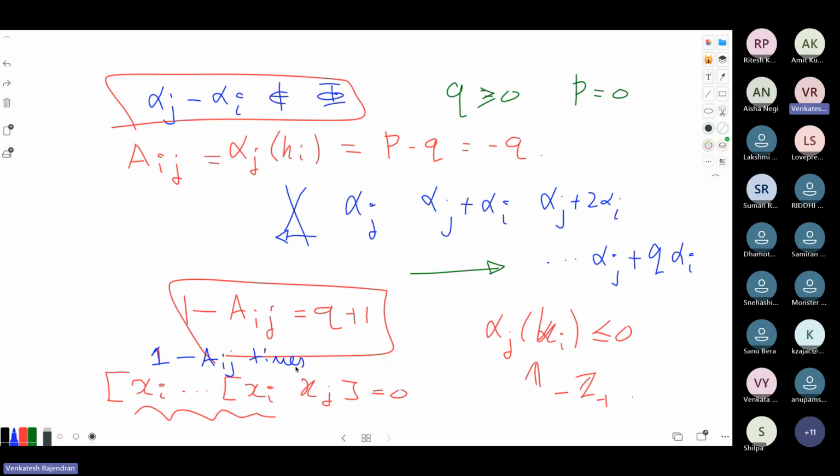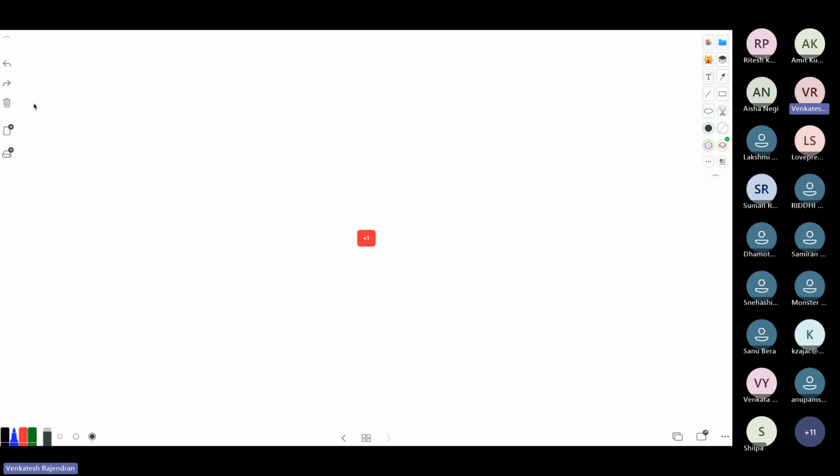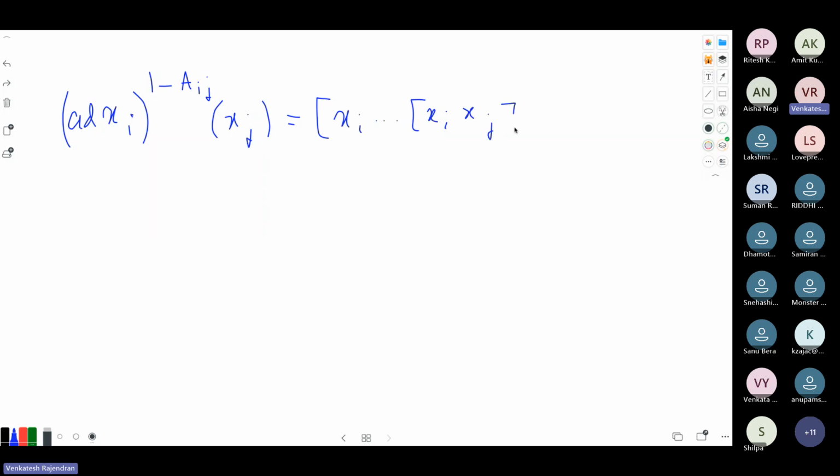This just uses sl2 theory, and a similar relation holds in the yi, yj case as well. So you have the relation (ad xi) to the power 1 minus aij applied on xj is 0.